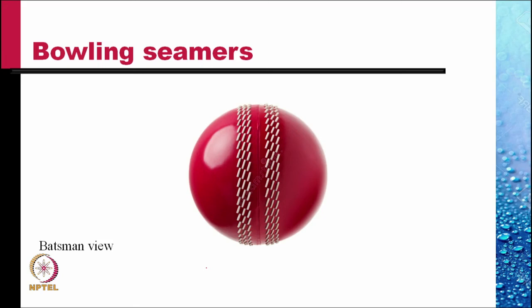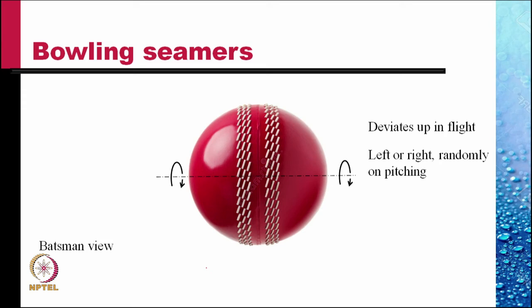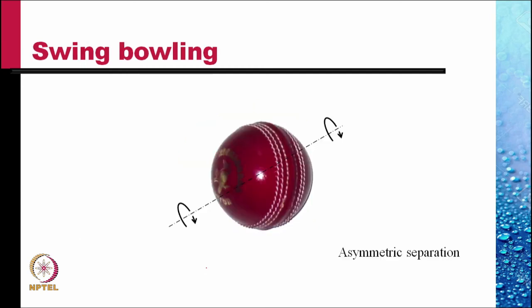The ball could go either way. So neither the bowler nor the batsman can predict where the ball would go. It deviates a little bit, left or right, only on pitching, randomly on pitching.